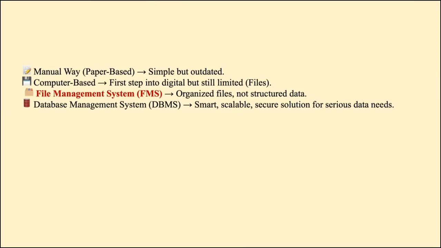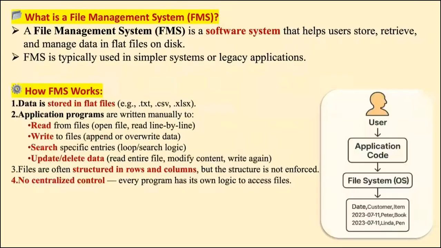In the database, we almost overcome all the problems. It is a smart, scalable and secure solution for all data needs. Okay, so let's get into the actual topic for today.